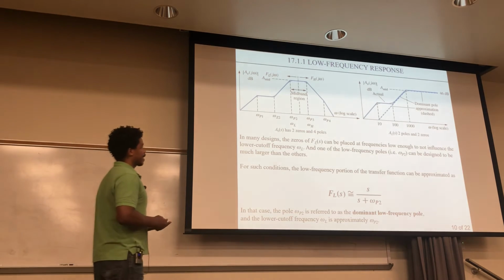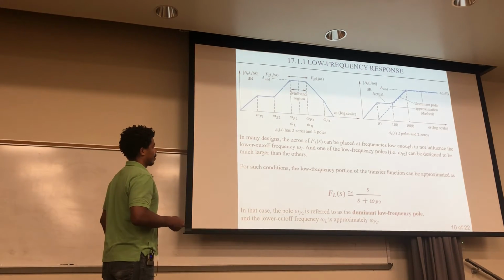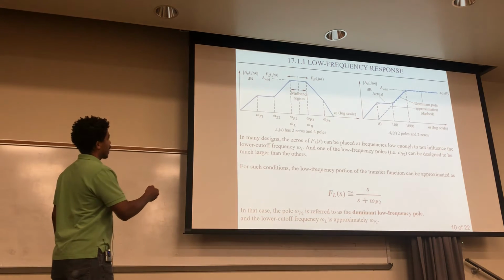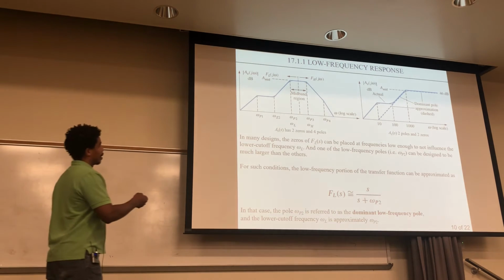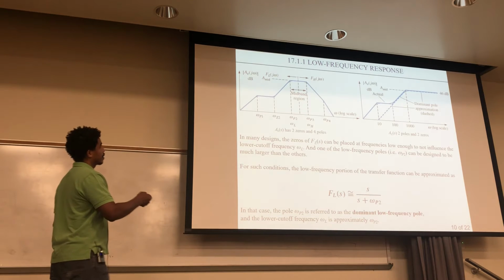And so if you have those kind of conditions, then you can approximate this portion of the transfer function as this right here, where this is like omega P, and this is considered to be much larger than the other frequencies.